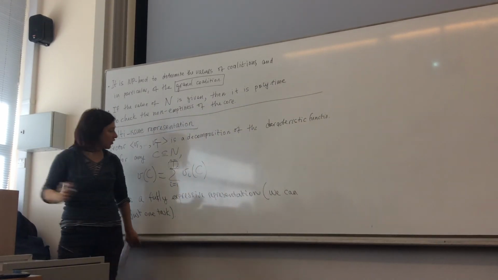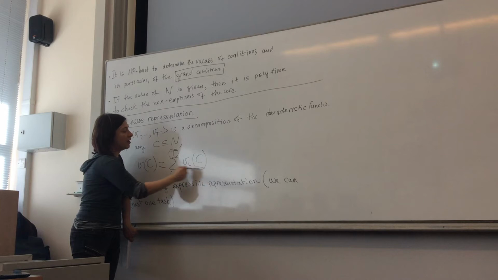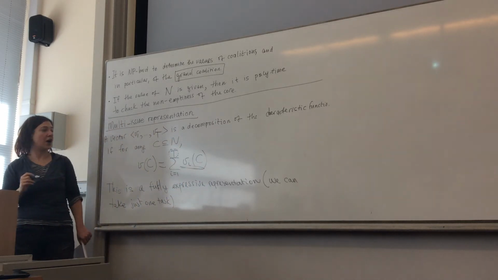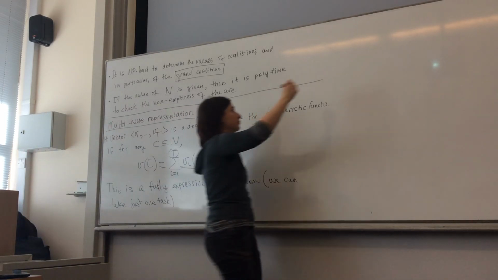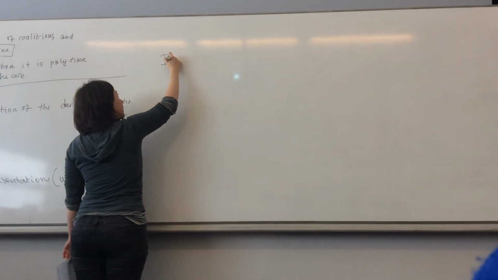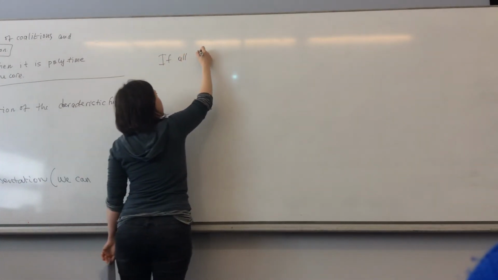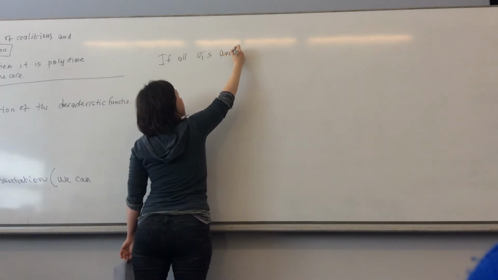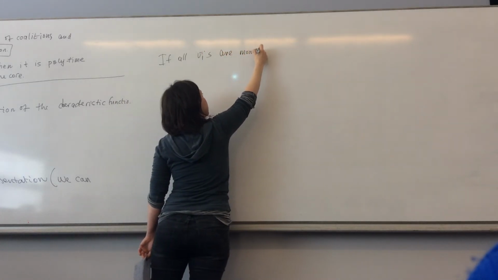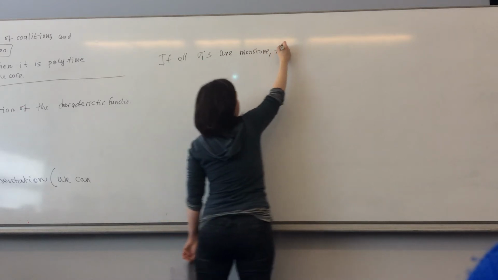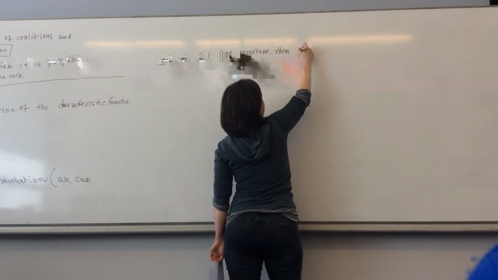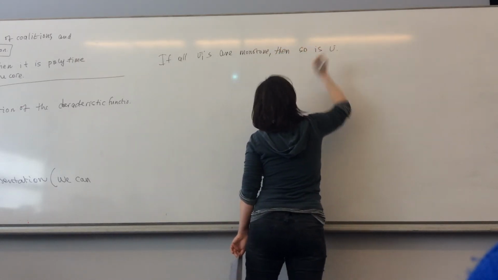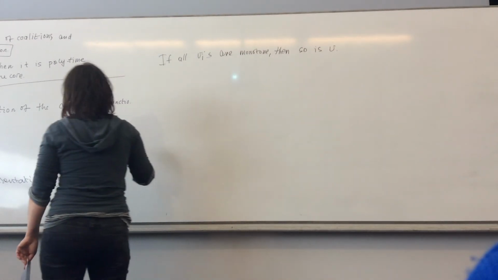If each one of those elements of the decomposition are monotone, then so is V. That's easy to see.